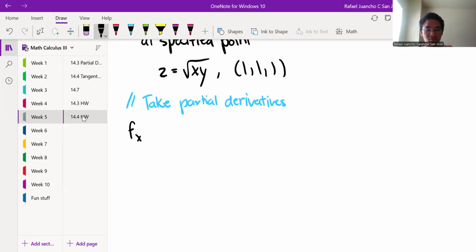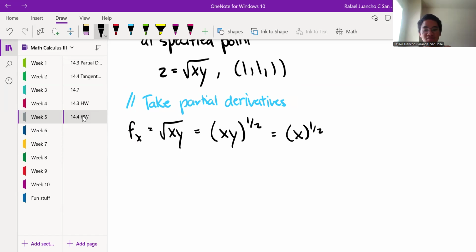Okay, this is going to be equal to, how do I take the derivative of square root of xy? Here we have to translate the problem. So firstly, I'm going to put xy to the power of 1/2, and then I'm going to separate it because I tend to find this easier. When we're doing calculus, we want to get rid of square roots.